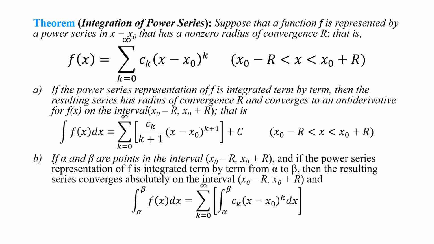If the power series representation for the function is integrated term by term, then the resulting series has the radius of convergence r and converges to an antiderivative of f of x on the interval x sub 0 minus r to x sub 0 plus r.